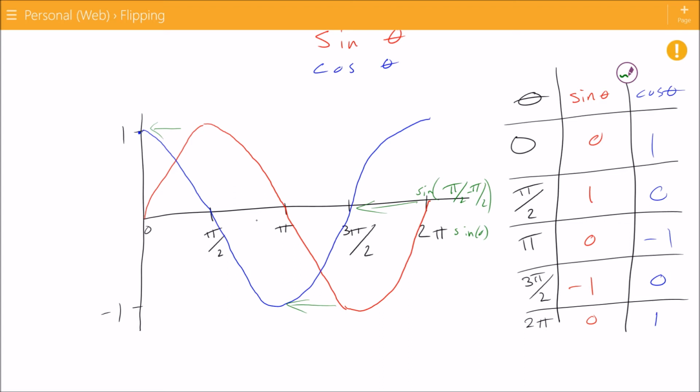And the sine of 0 is 0. So effectively, in this particular table, because my increments are all pi over 2, it's moving one step back, because we're going back pi over 2.